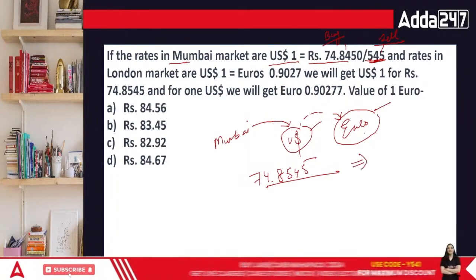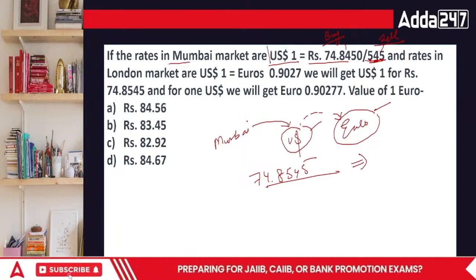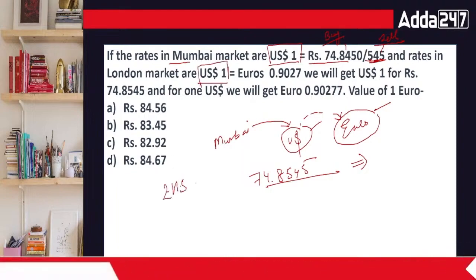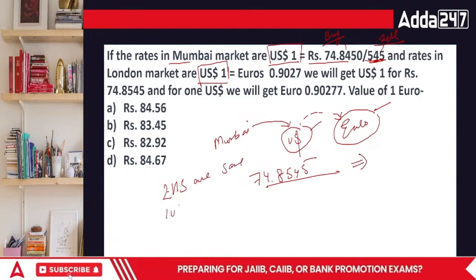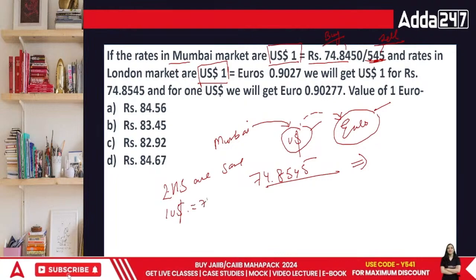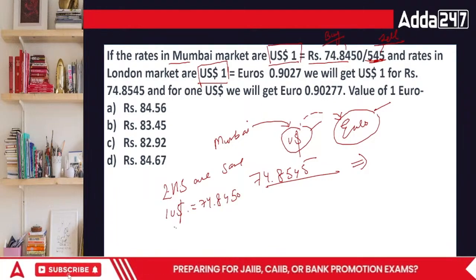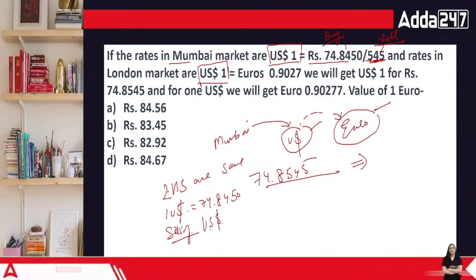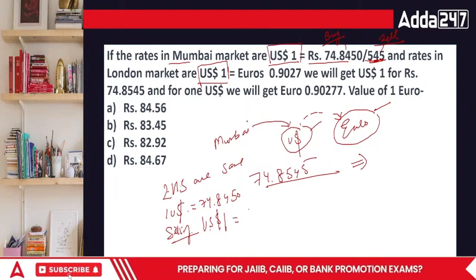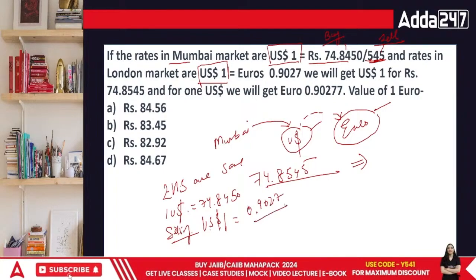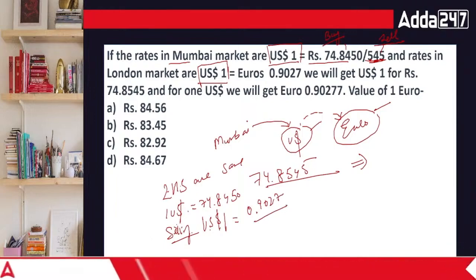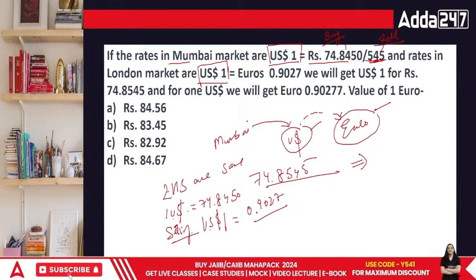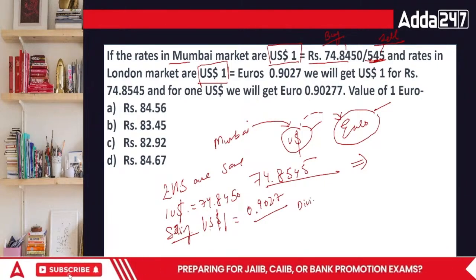If this is what you're going to do, then always remember everyone, when your LHS are same, in the first case it is 1 US dollar is equal to 74.8450, and the selling was done in terms of US dollars 1, and we have got it for $0.9027. So in this area we will just divide it.